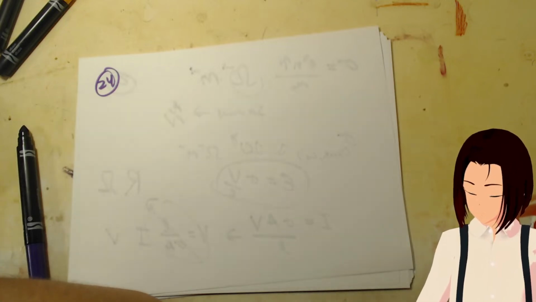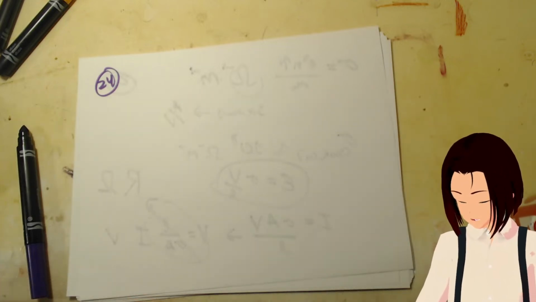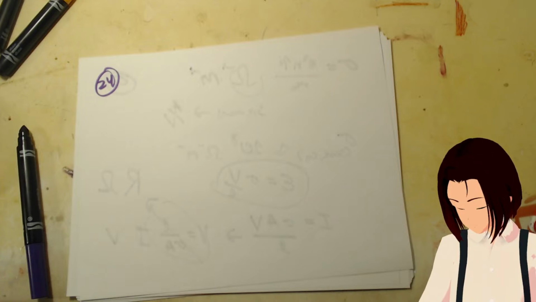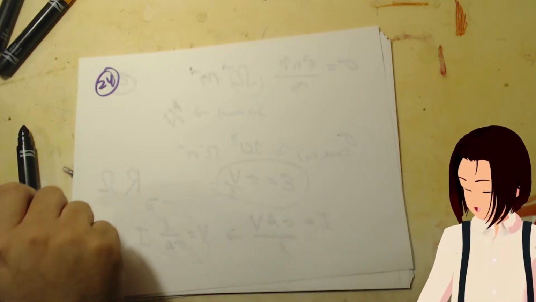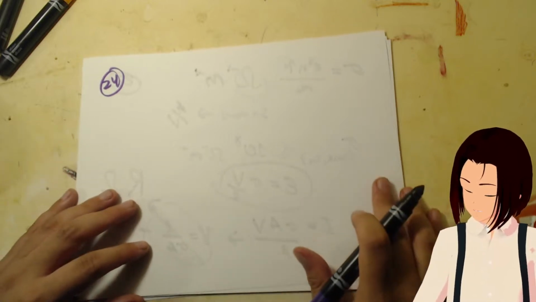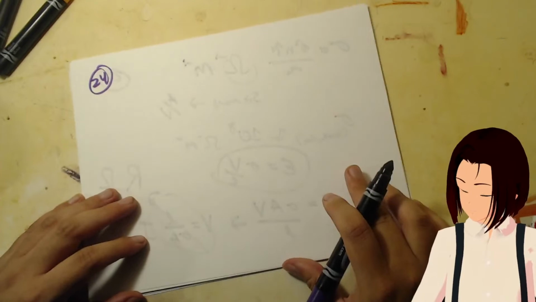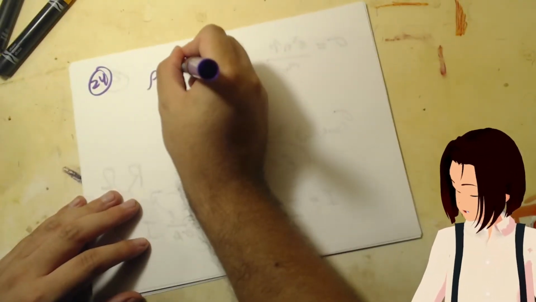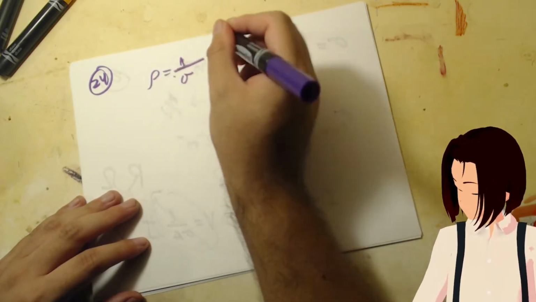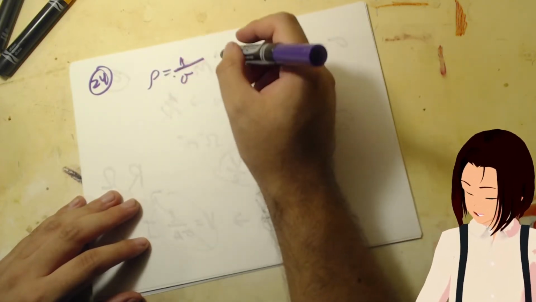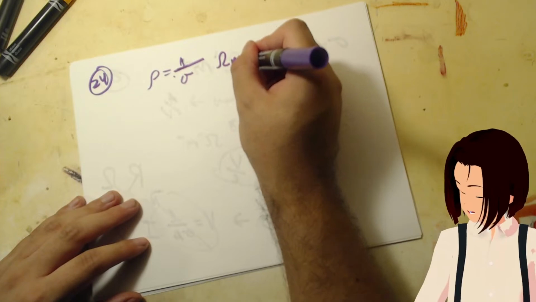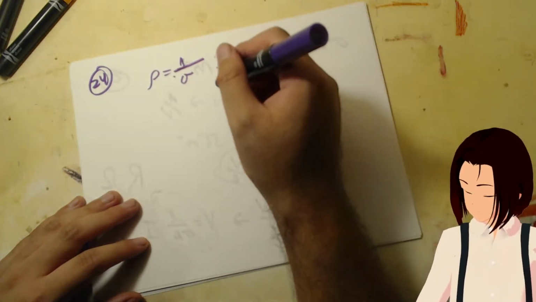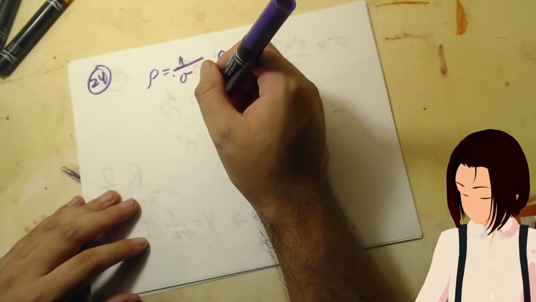So we know, by the way, the resistivity, just very quick, is the inverse of the conductivity. And we can write it as ohm meters.